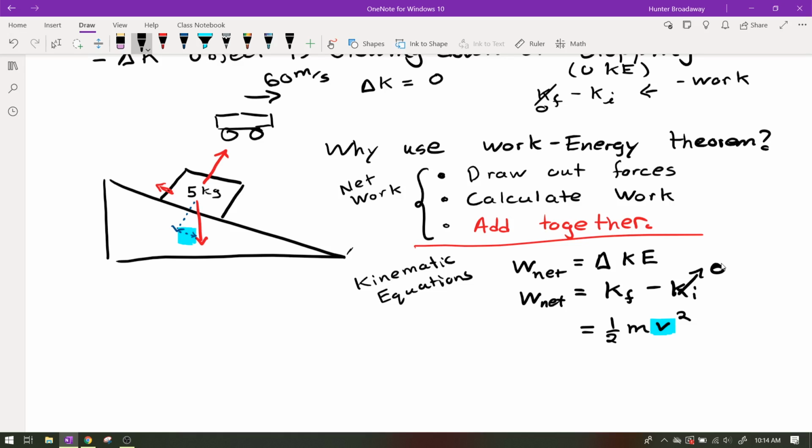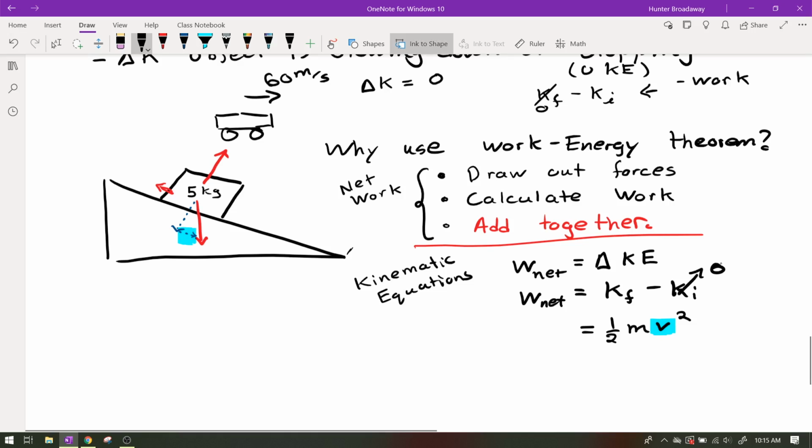And that force in the direction of motion down the ramp is the component of the weight of the 5 kilogram mass, which means we'll have to do a little bit of our sine, cosine, and tangent in order to find that out.